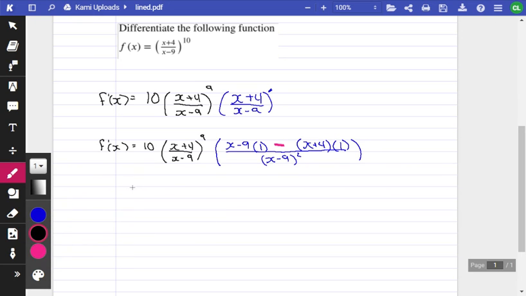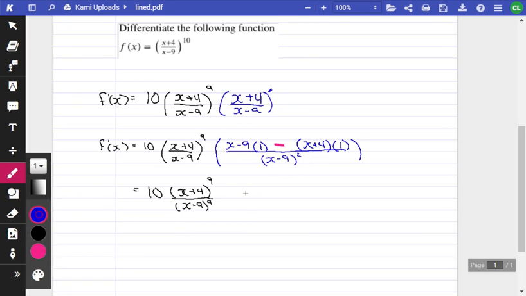Now we're going to simplify some things. So just so we can clearly see, this is going to be 10. This power of 9 belongs to both of these terms within our fraction. So that means I have an x plus 4 to the power of 9. I also have an x minus 9 to the power of 9.